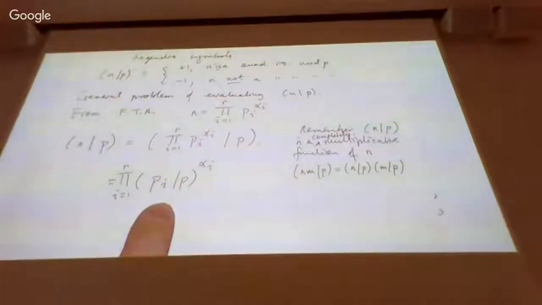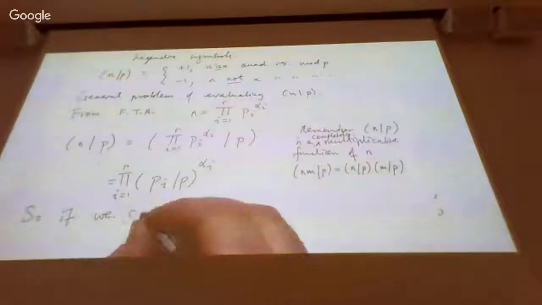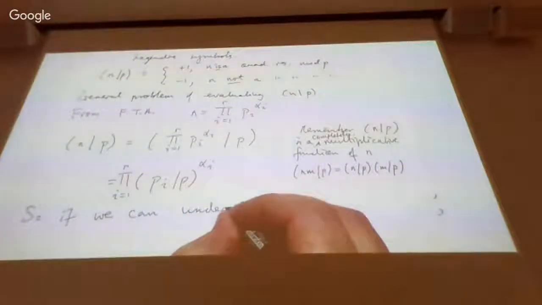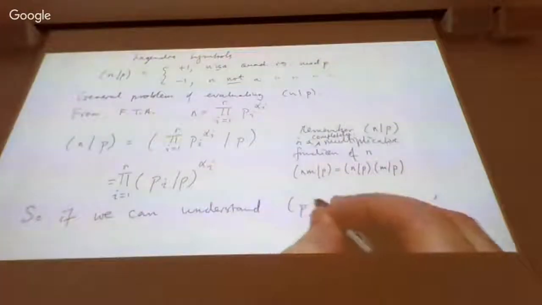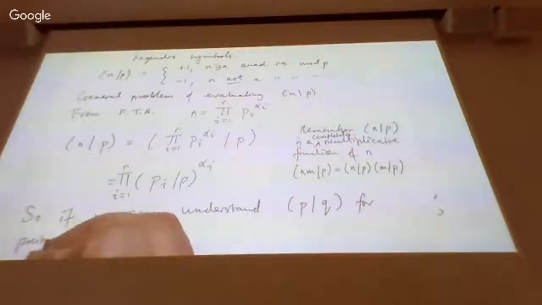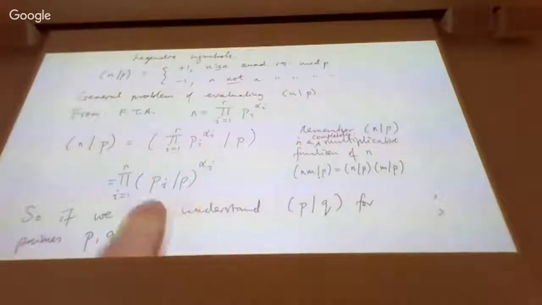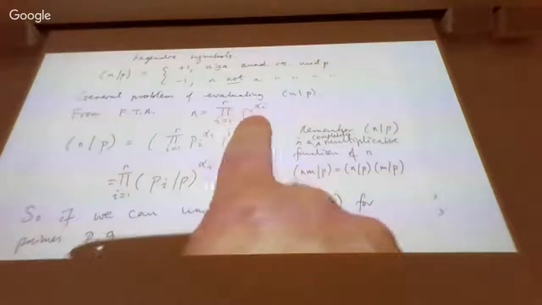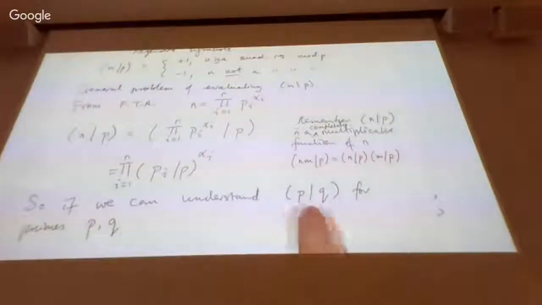So you see there how the general problem reduces to the problem of evaluating Legendre symbols on primes. If we can somehow understand (p/q) for primes p and q, and here I'm departing from the specific meaning of p_1, p_2, p_3 in the prime factorization of n, now I'm just posing the general problem: can we understand the Legendre symbol of one prime modulo another prime?